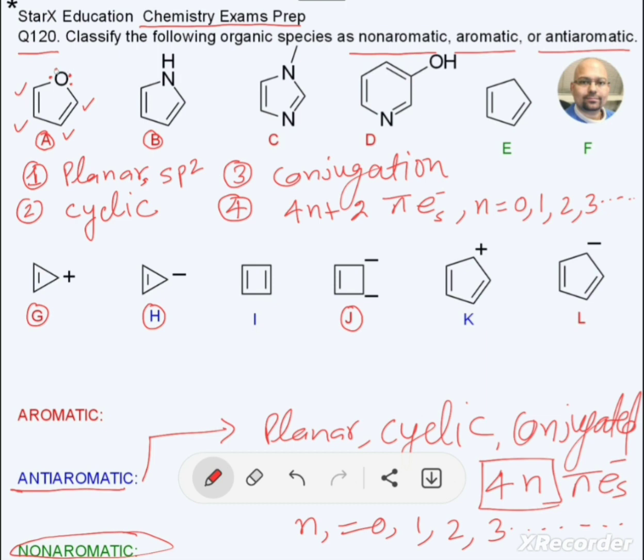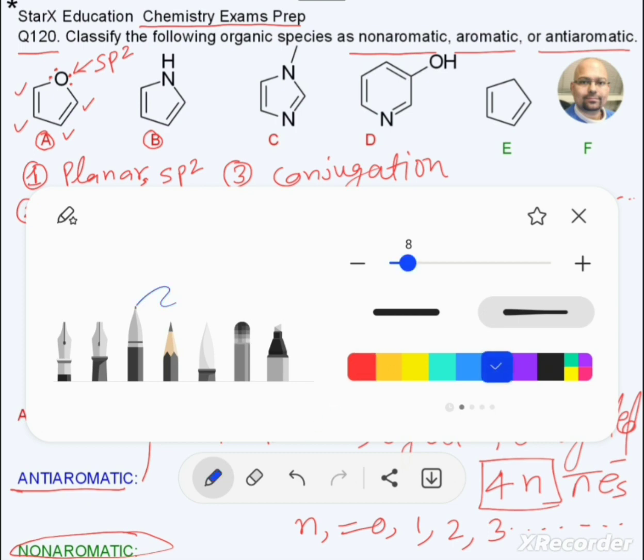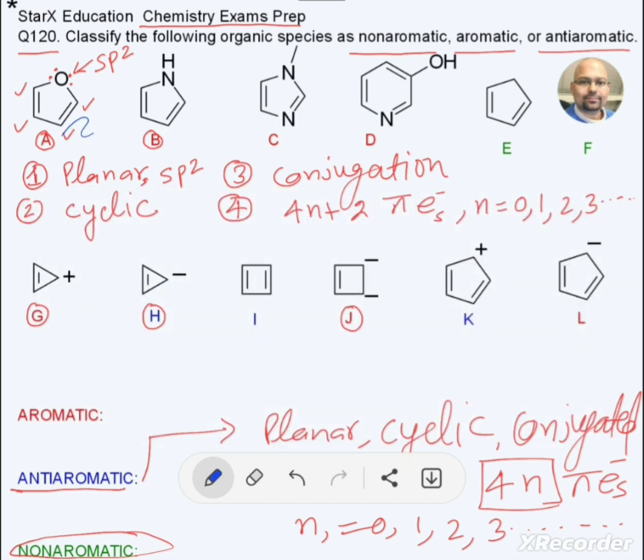But the fact is that one lone pair of electrons is in an sp2 hybridized orbital, and the other lone pair of electrons is in the p orbital. The one that is in the p orbital is what takes part in the conjugation, in the resonance movement of electrons, and hence compound A becomes aromatic. So compound A is aromatic. We will call aromatic by A.